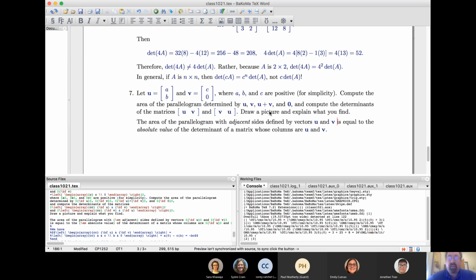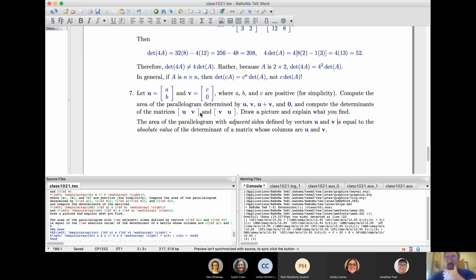then you go ahead and put those vectors together in a matrix, u, v, or v, u. Take the determinant, and then the absolute value of the determinant is the area of the parallelogram. And the absolute value is very important, because if you look at these matrices here, this one is obtained by interchanging or swapping the columns of this matrix.